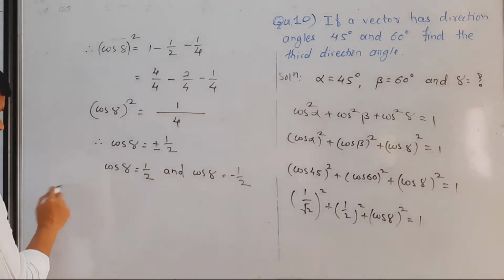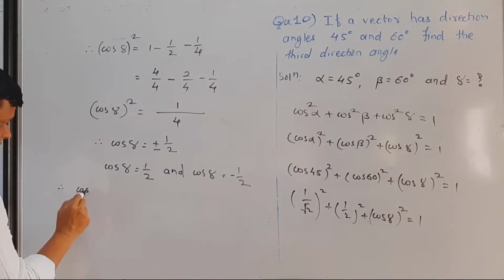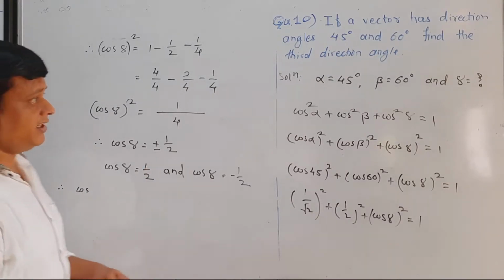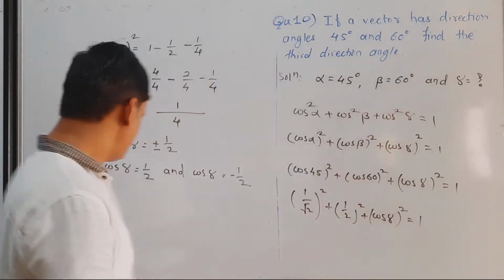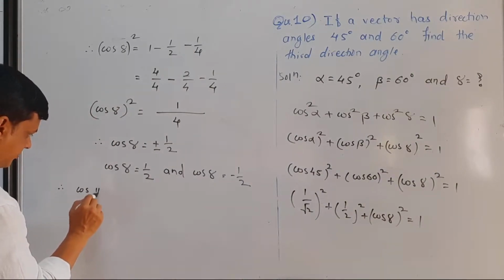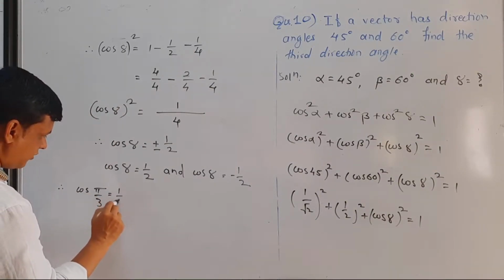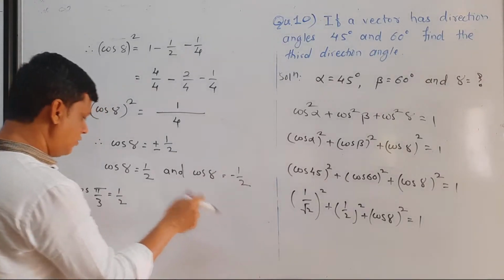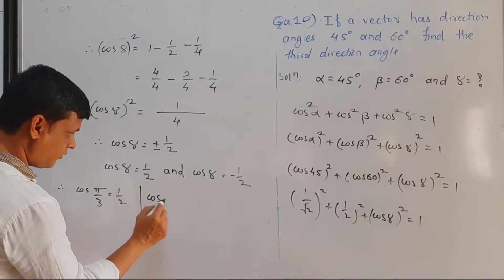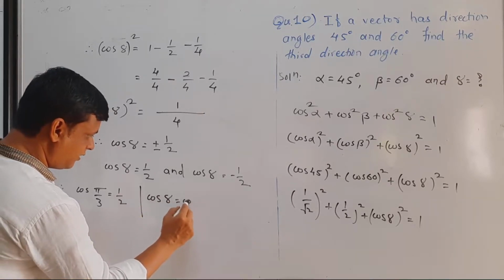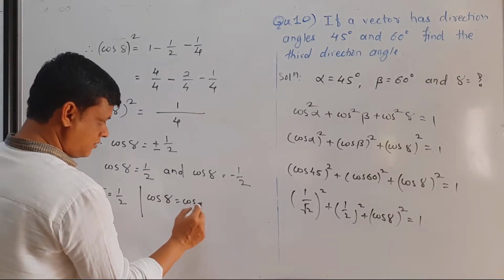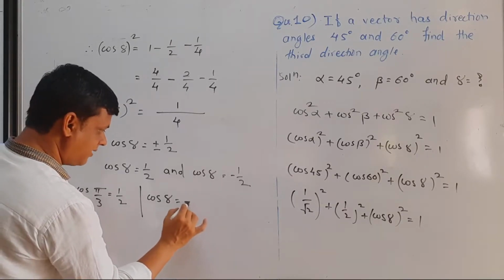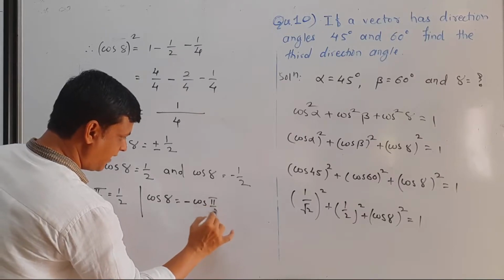So we write here cos pi by 3 is 1 by 2, which we already saw: cos 60 is 1 by 2. Now we have to find the angle for cos equal to minus 1 by 2. So we write cos gamma is equal to minus cos of pi by 3.